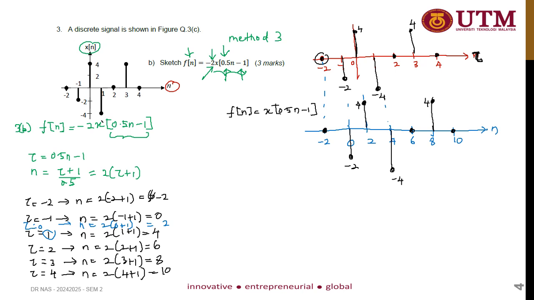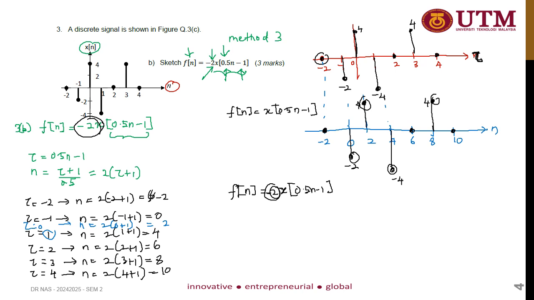You haven't done the amplitude part, the negative 2 part, right? So in order to get f(n) equal to minus 2 x(0.5n minus 1), you need to multiply the amplitude with minus 2. So all this amplitude needs to be multiplied by minus 2, meaning that the amplitude will be inverted and the magnitude will be scaled up by 2.